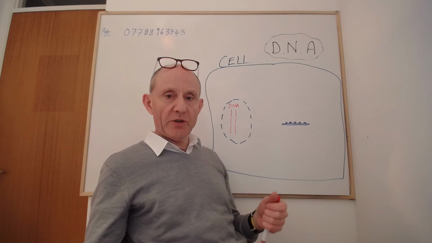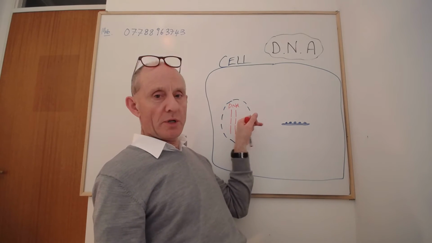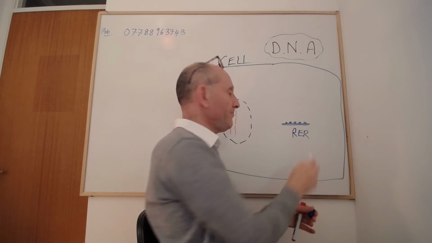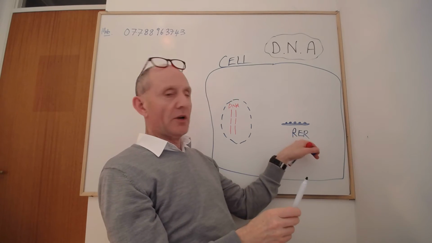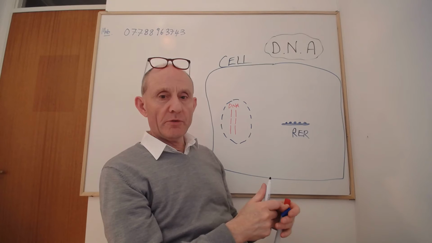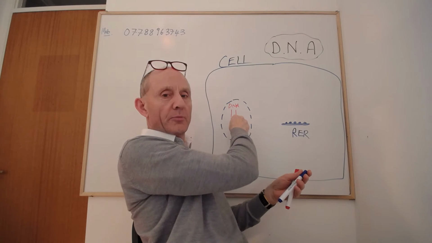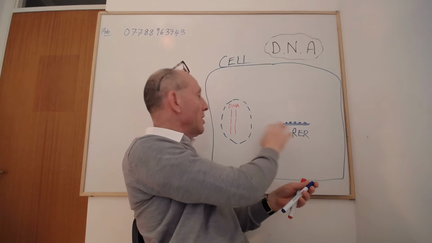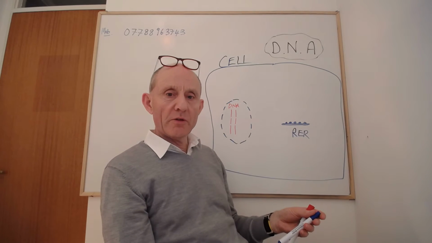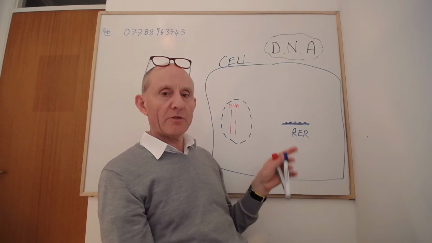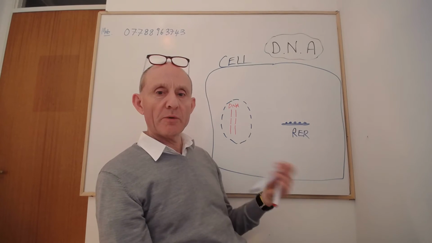Let's say the cell is making a protein out here at the RER, for which this gene codes. Well, the code for the protein is in here, but the protein's made out here. You can't take the DNA out of the nucleus. There's a couple of reasons. The DNA molecule is much too big, and it's also attached to something called histone proteins. And we'll look at that again.